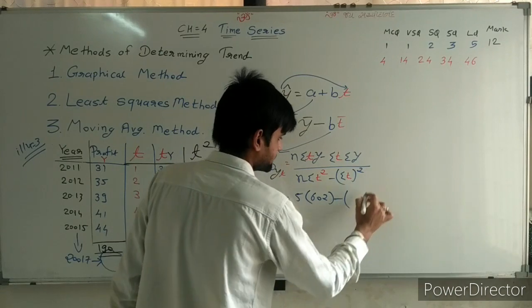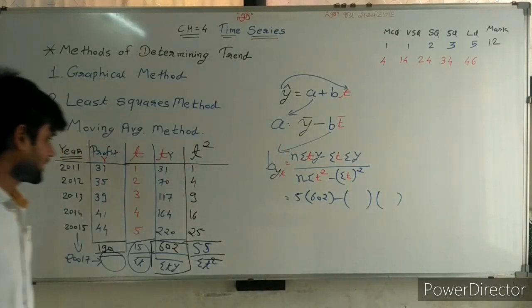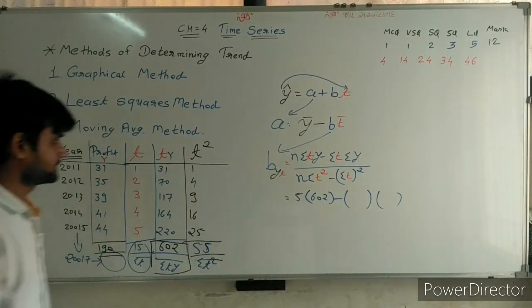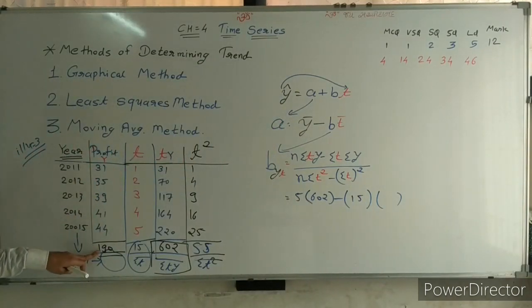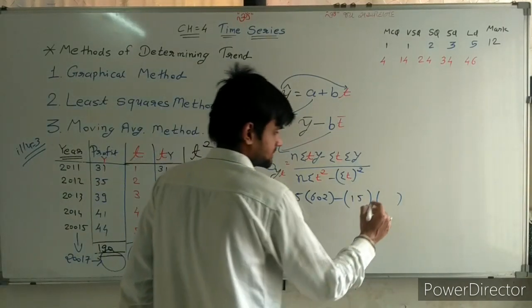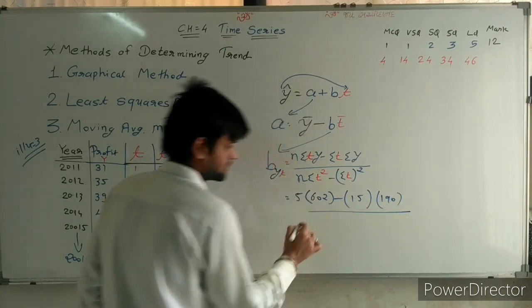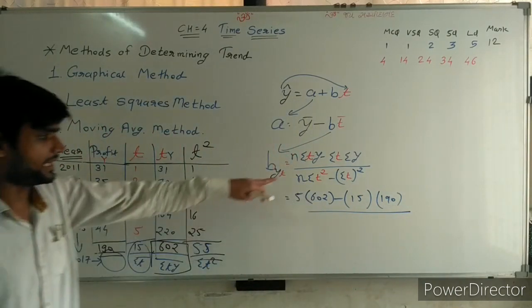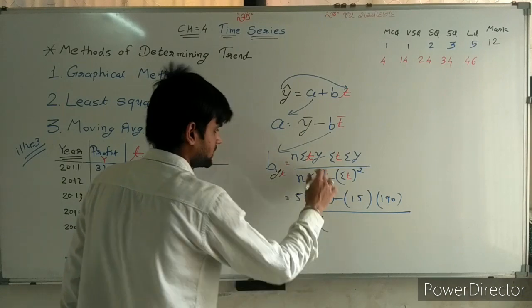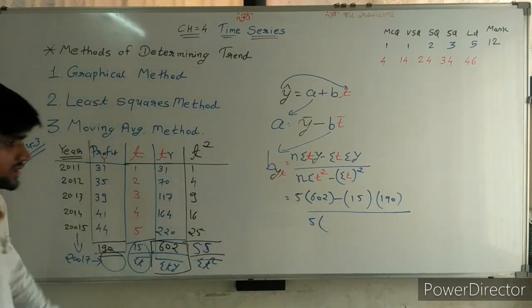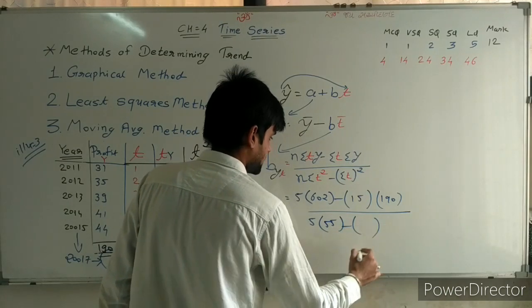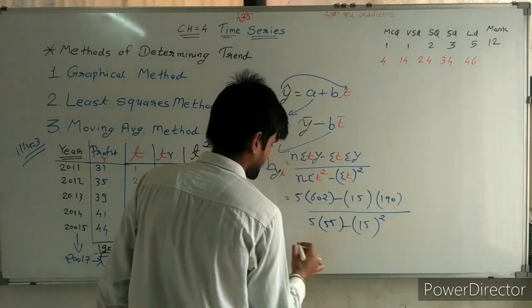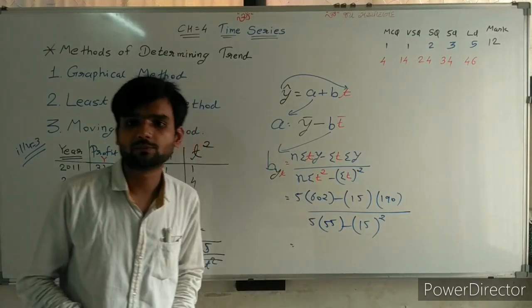Sigma t, 15. Sigma y, 190. n is 5. Sigma t square 55. Sigma t whole square, 15 whole square. Simple.